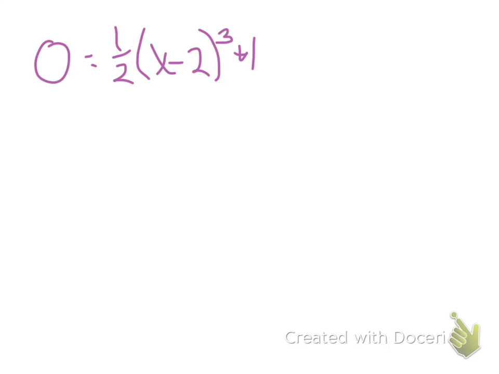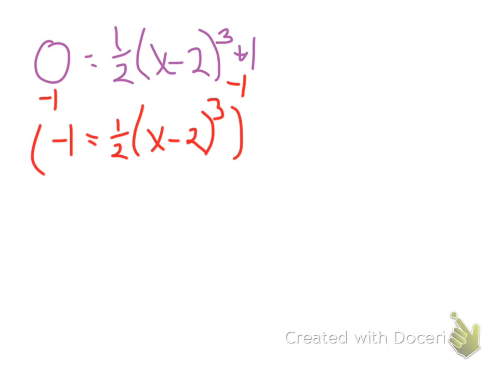I'm going to have the equation 0 equals 1/2 times (x minus 2) cubed plus 1. First I'm going to subtract 1 from both sides. I get negative 1 equals 1/2 times (x minus 2) cubed.